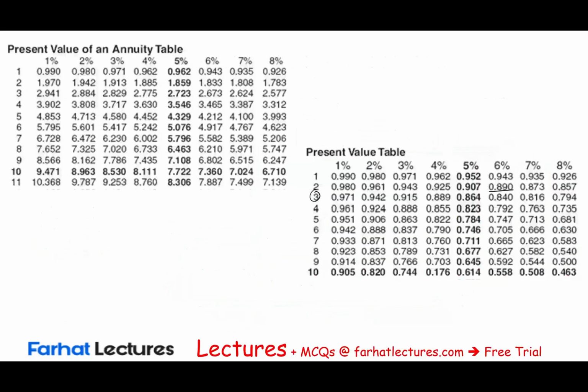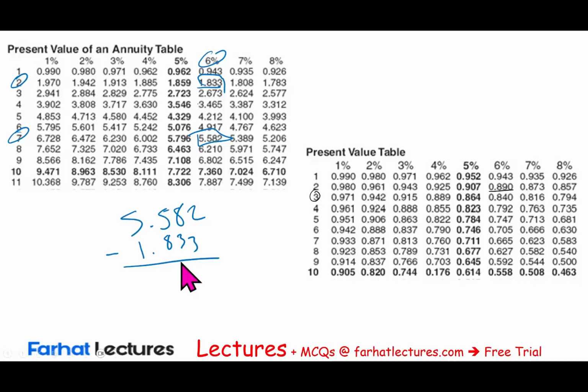So let's do that, and if we go to the present value table, at 7 periods, 6%, that's going to give us 5.582. 2 periods, 6% minus 1.833, which is this factor here. Let's take 5.582 minus 1.833, and that's going to give us a factor of 3.749.